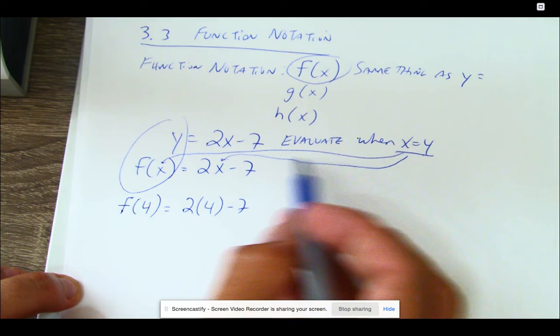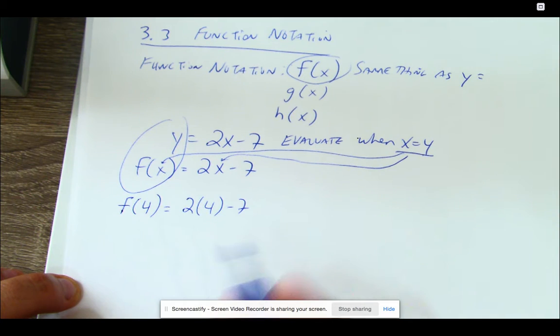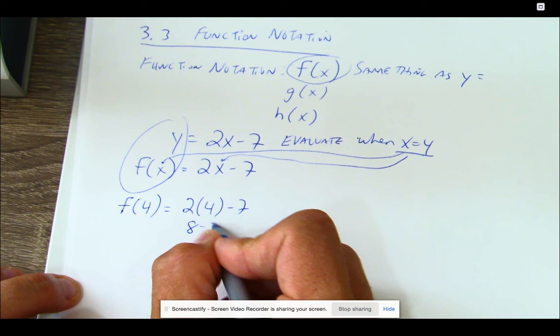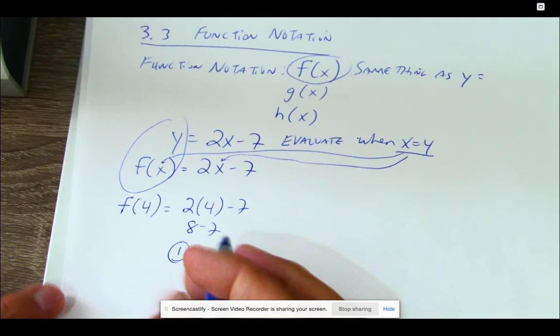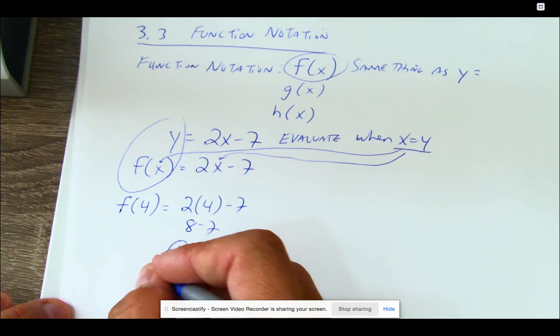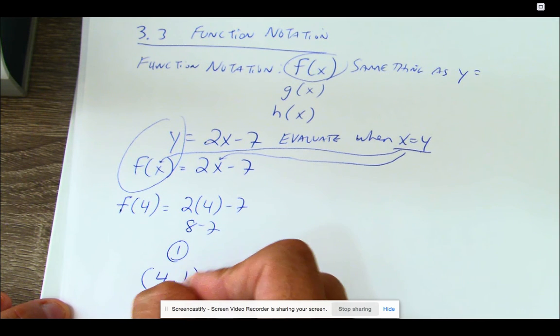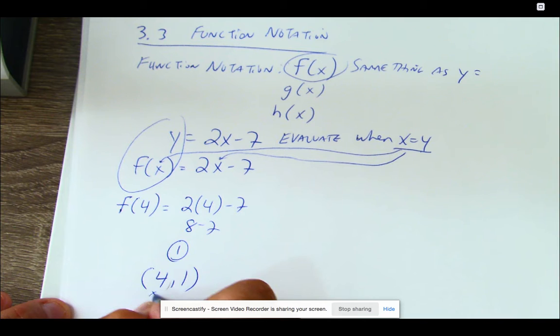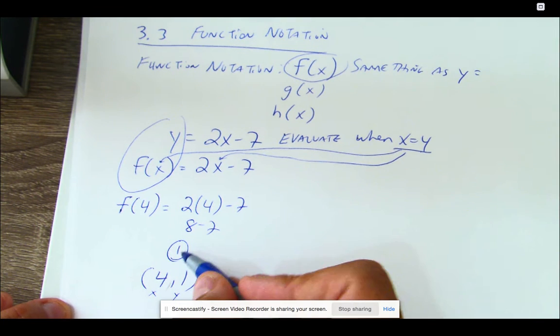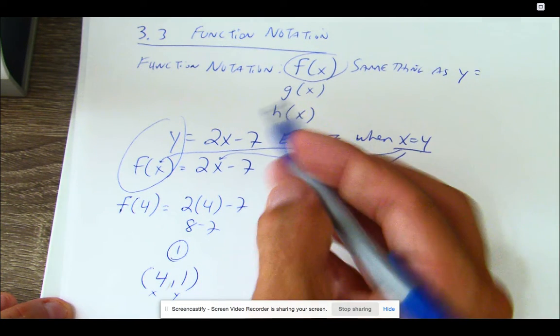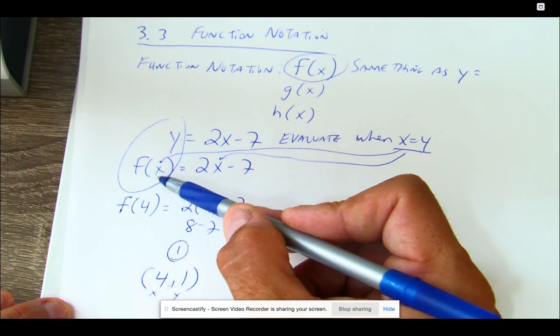Okay, I just took a 4, I plugged it straight in there, plugged it in here. Now, if I do the math on here, 8 minus 7 makes 1. This is the solution to this, which will be 4, comma 1. This is the x point, this is the y point. The resulting answer is basically your y value, which is f of x.